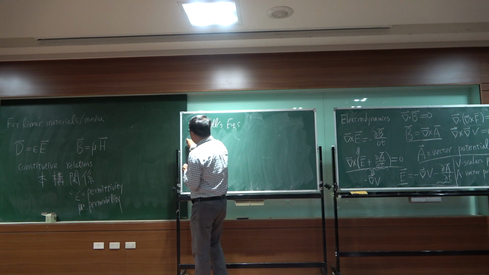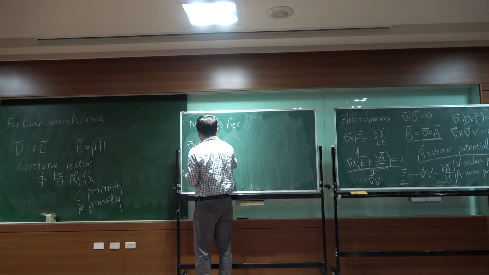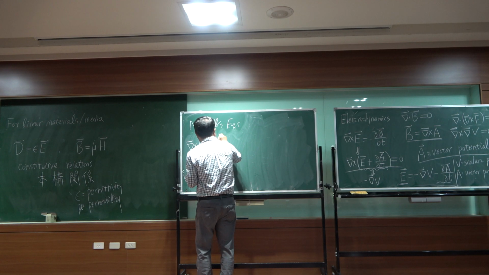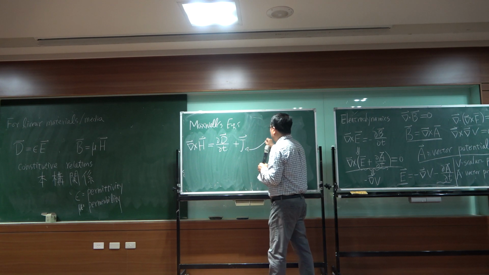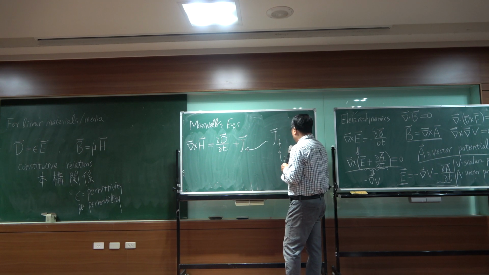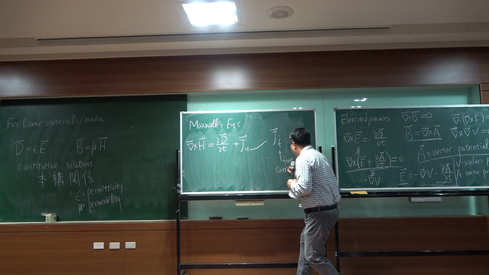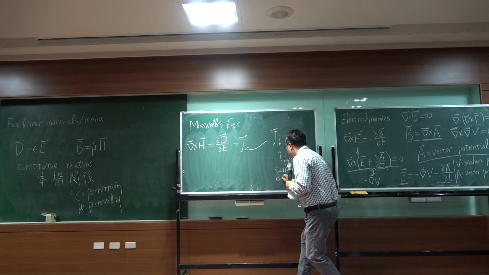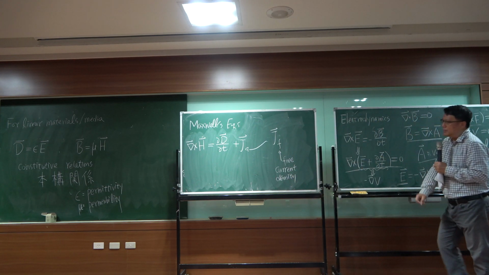The final equation is the Ampere's law. Here the J is in fact the J_F. This F means free current density. Free current density.